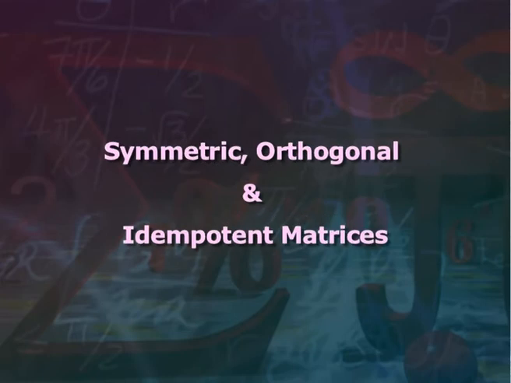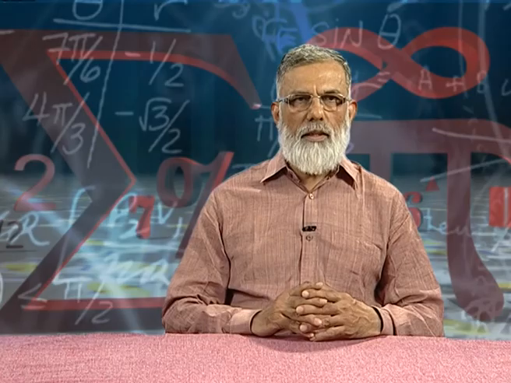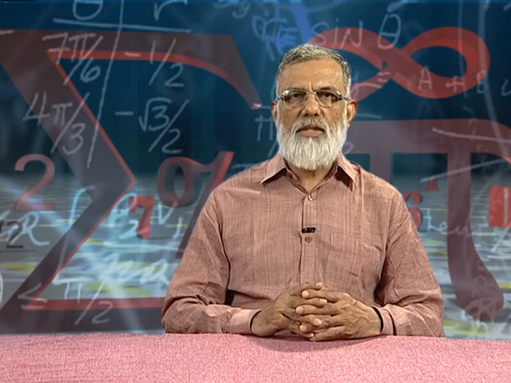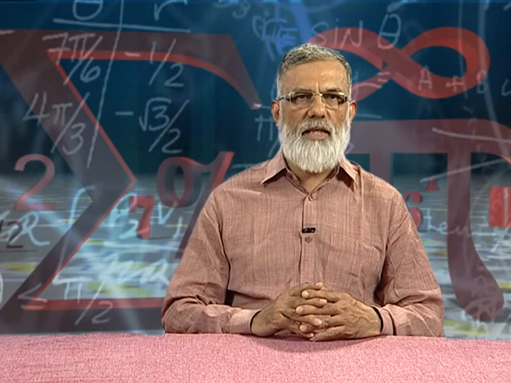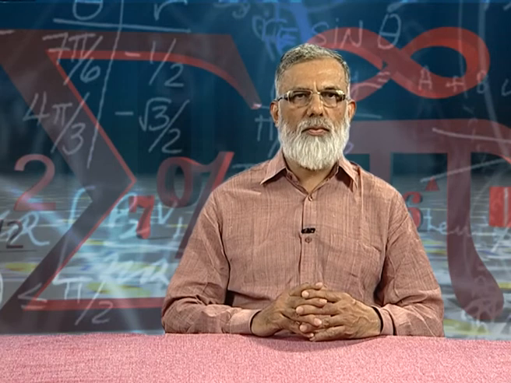Now, we shall talk about symmetric, orthogonal and idempotent matrices. An n by n square matrix A equal to aij is called symmetric if aij equal to aji for all i, j equal to 1, 2 up to n.